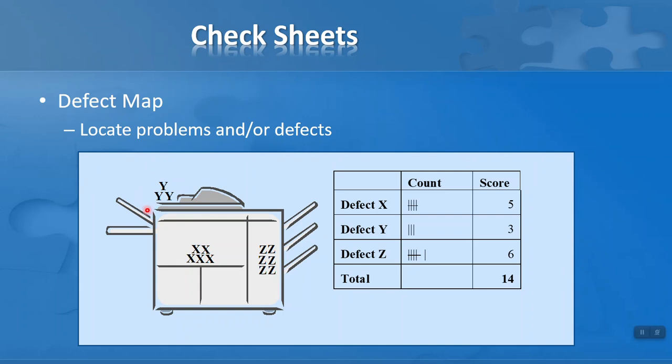So defect Y occurs 3 times, but it occurs at the top, at the paper feed-in part of the photocopier. Defect X occurs 5 times, and that occurs in the center, so it's possibly paper getting stuck inside the photocopier. But defect Z, which occurs the most, 6 times, occurs over here on the right-hand side, where the paper comes out of the photocopier. So this allows us not only to have a count of the number of errors, but also the location of the errors, which will help us then target the appropriate defect for being fixed.